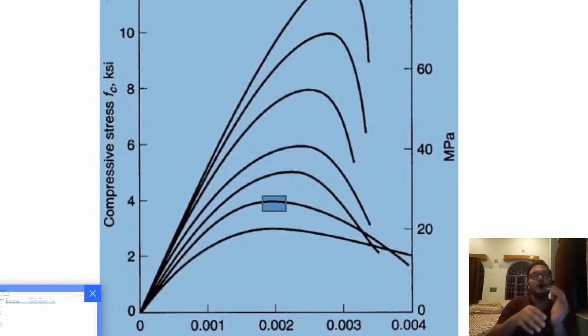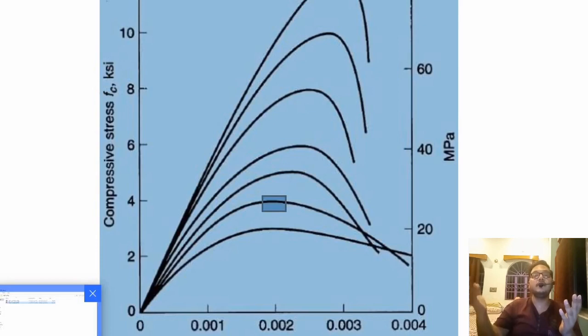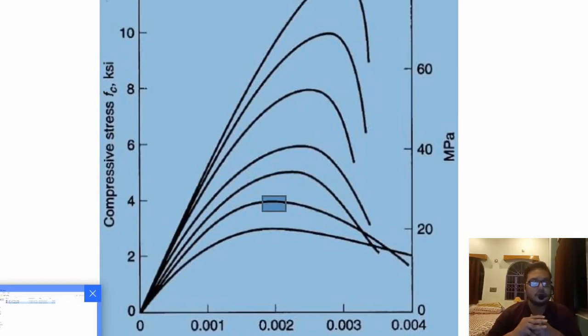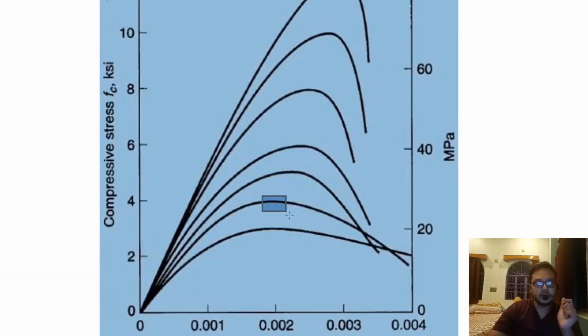This time the compressive stress value will be lesser, and on the other hand, strain as usual will keep on increasing up to a certain limit until the specimen collapses. So you can say that this graph between stress and strain for concrete will be somewhat parabolic, as shown in the figure.